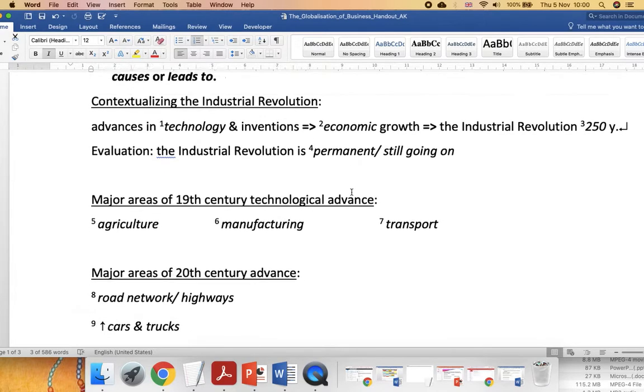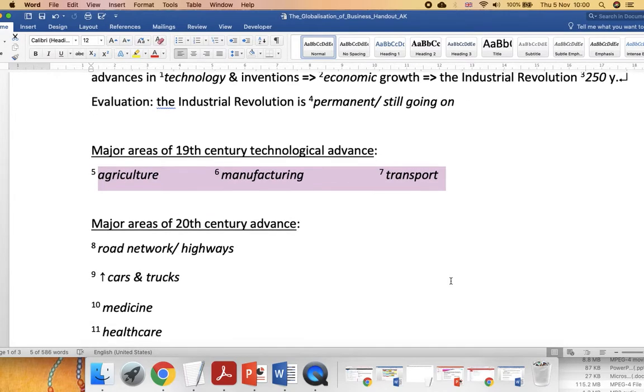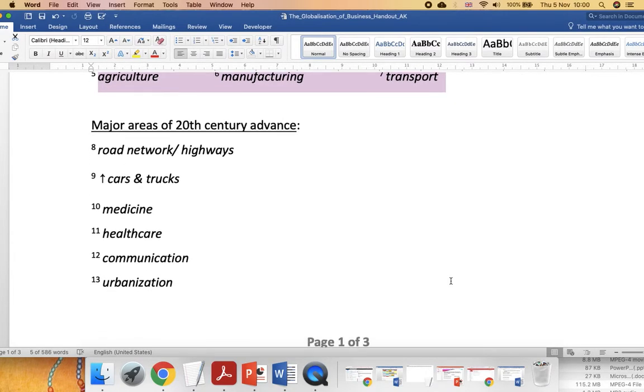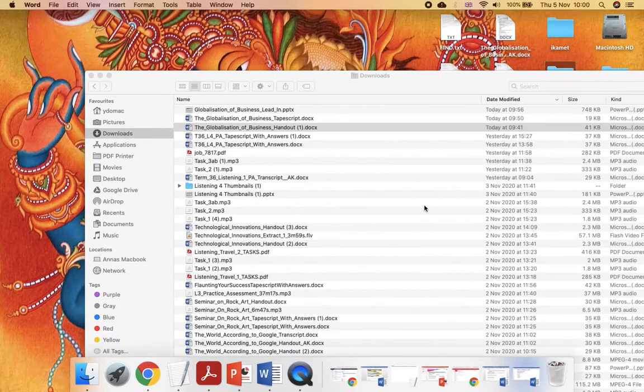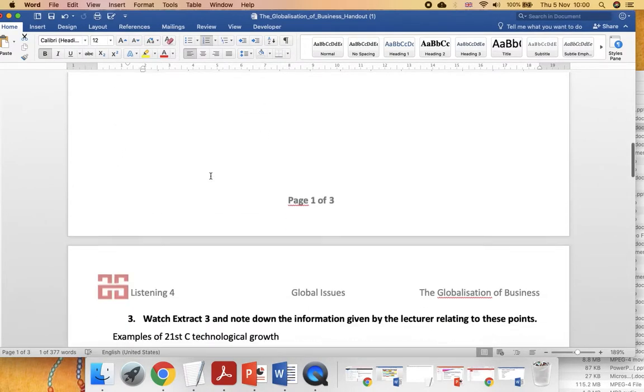It's permanent. So these are the 3 areas of technological advance. I'm sure you got it. And these are the areas for the 20th century. Good. So let's go back to our handout.